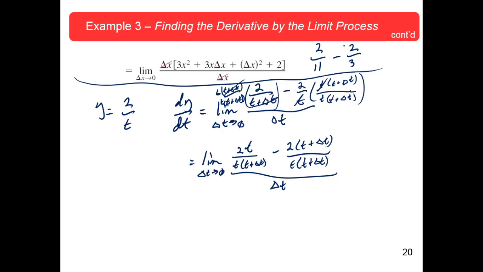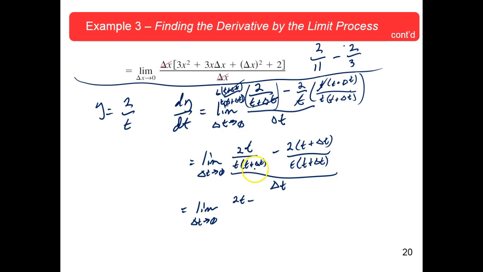Now that we got same denominators, we can combine numerators. That's the limit as delta t approaches 0 of, what does that new numerator become? It's 2t, let's put them over the same denominator.